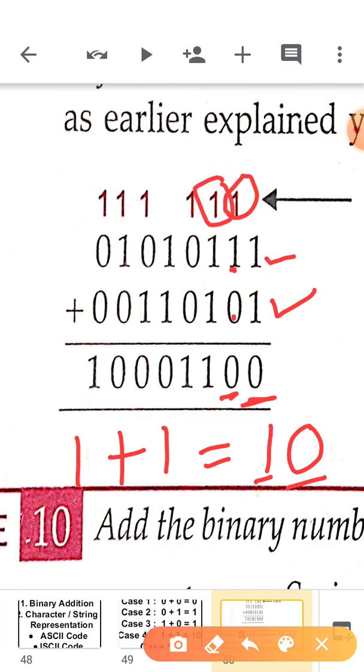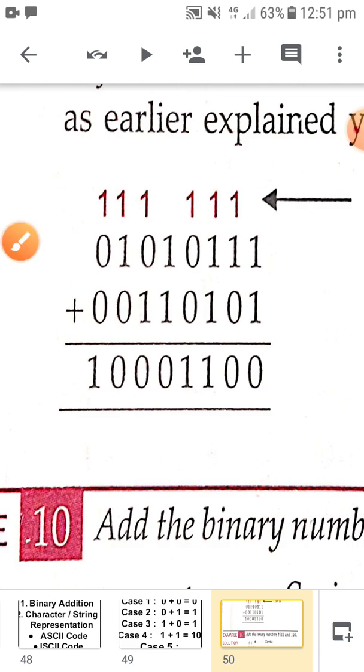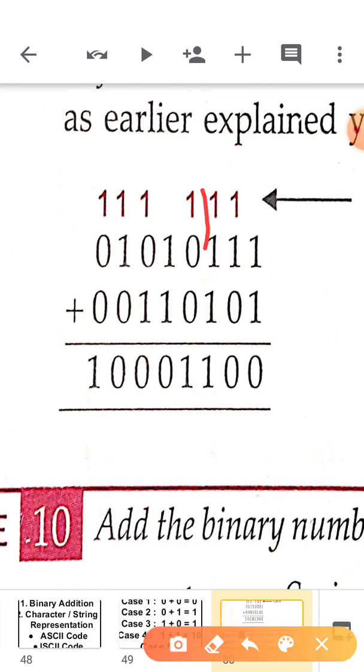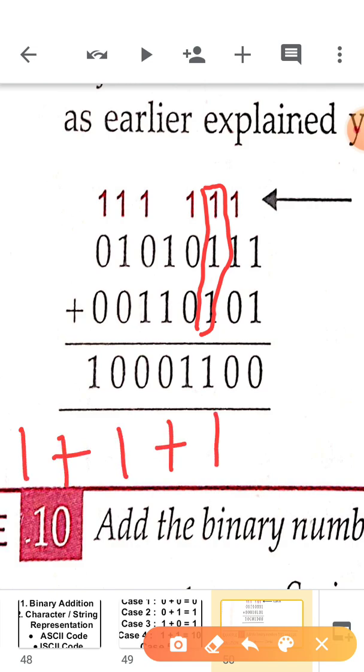Now in the third column, if you concentrate on this column, 3 ones are together. When 1 plus 1 plus 1 is there, 1 goes down and 1 in the carry.